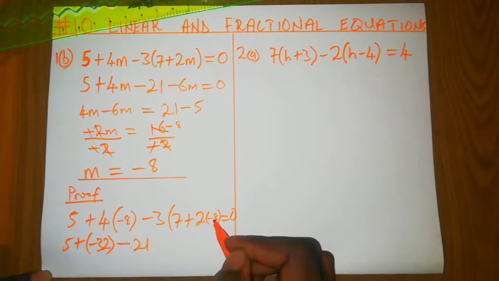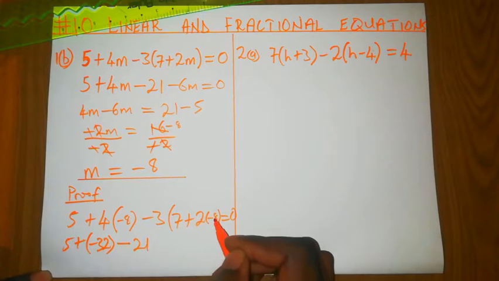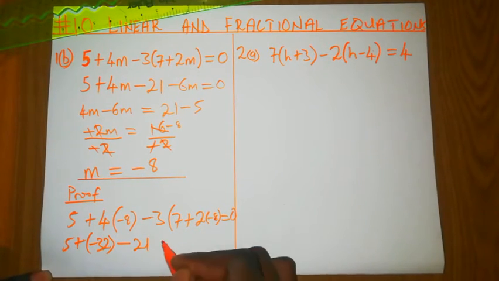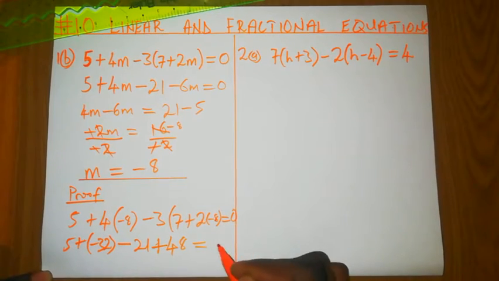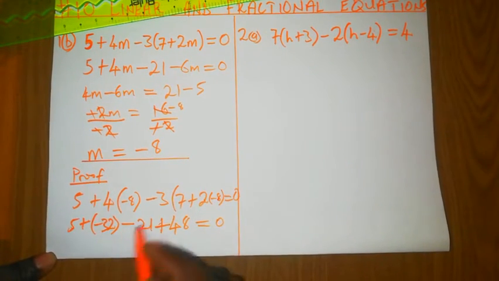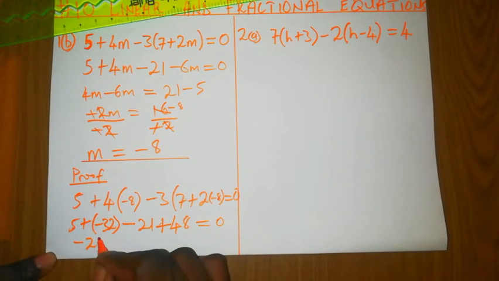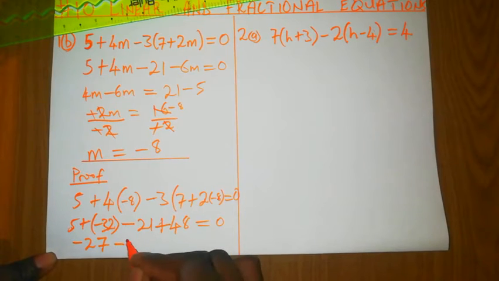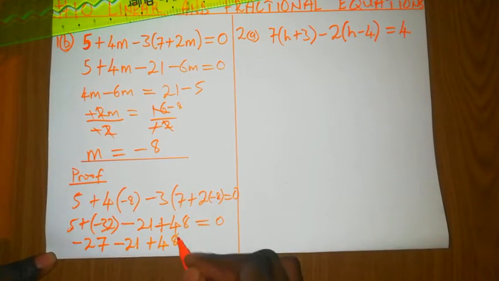Then 2 times negative 8, that's negative 16. Then negative 16 times negative, so that's a positive 48 is equal to 0. So this is 5 minus 32, that's minus 27 minus 21 plus 48 is equal to 0.